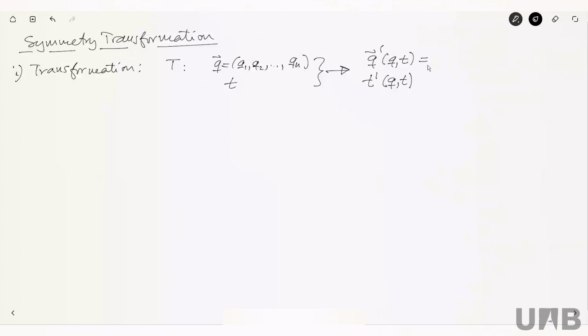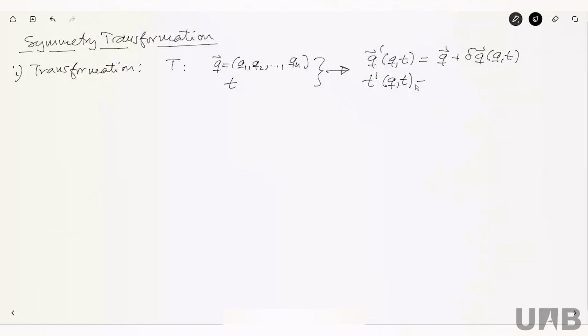So the q prime is going to be the old q plus a small contribution, which is a function of q and t. So q prime is a function of q and t, but it's a function which is very, very close to the old q by an amount delta q.